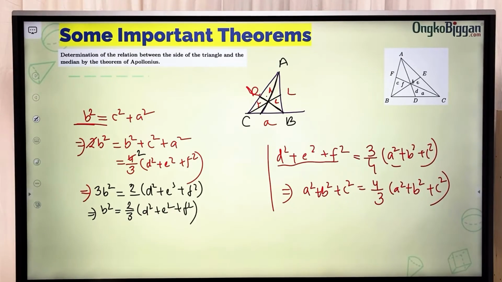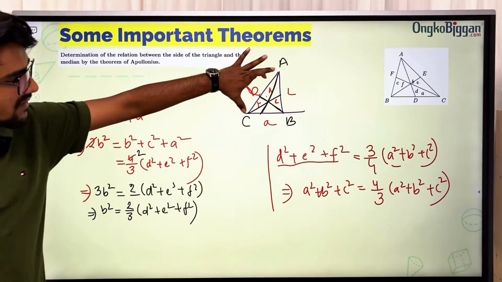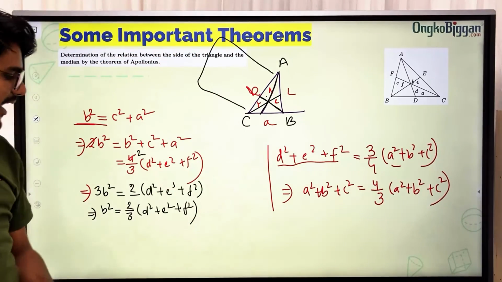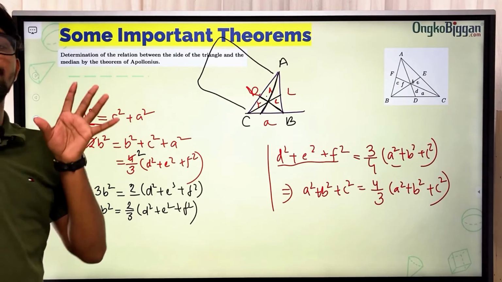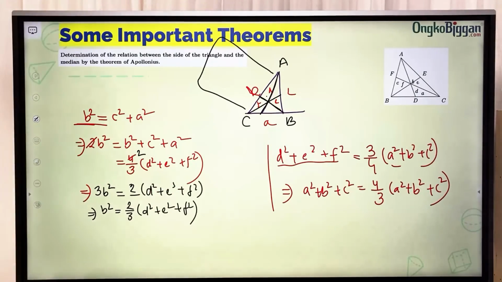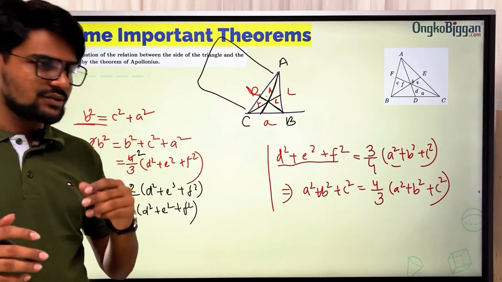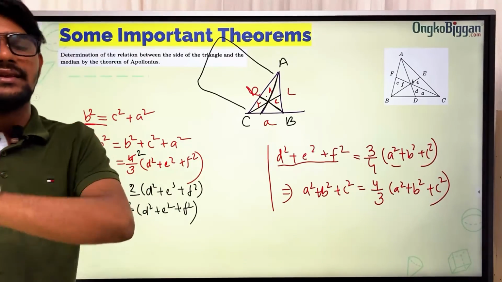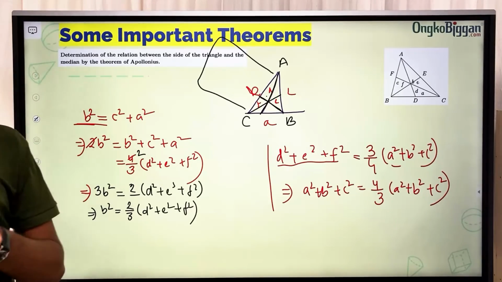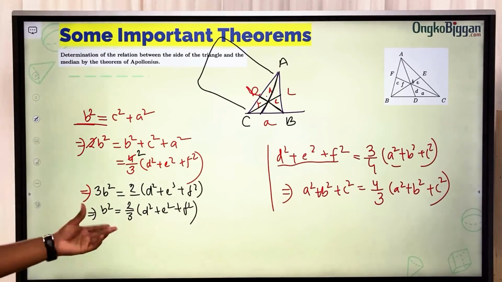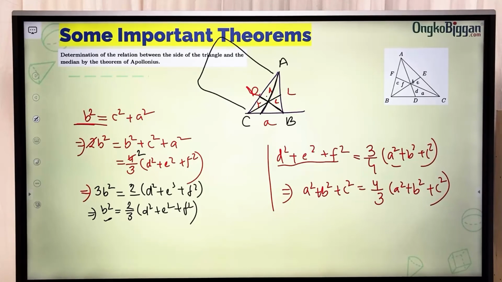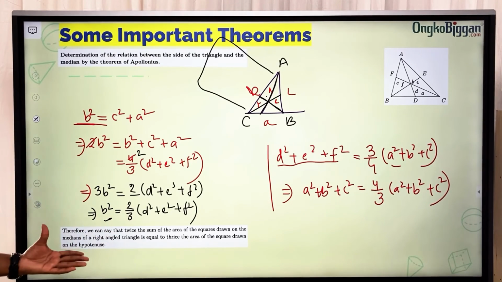So what this means is the area of the square drawn on the hypotenuse of a right angle triangle is 2/3 of the summation of the areas of squares drawn on the three medians, that is D square plus E square plus F square, the summation of areas of squares drawn on median D, then median E and median F. Therefore we can say that thrice the area of the square drawn on the hypotenuse, that is B square, is equal to twice the sum of the areas of the squares drawn on the medians of a right angle triangle.